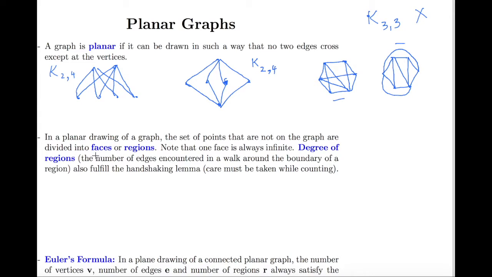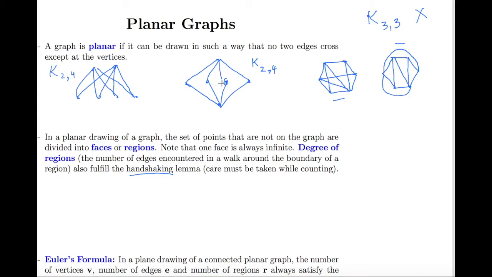In a planar graph drawing, the set of points that are not on the graph are divided into faces or regions, and one of those faces is always infinite. The degree of a region is the number of edges encountered in the walk around the boundary of the region, and the degrees of regions also fulfill the handshaking lemma.